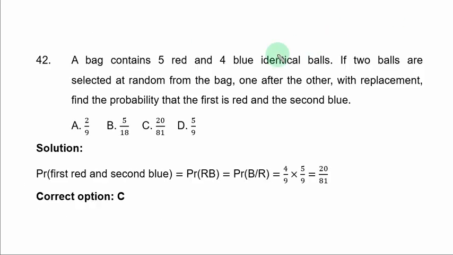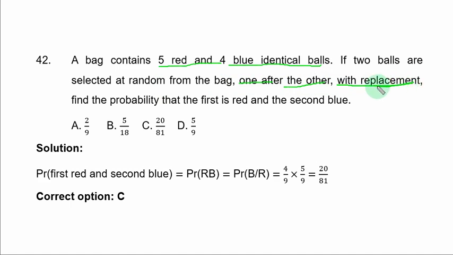Question 42. A bag contains 5 red and 4 blue identical balls. If 2 balls are selected at random from the bag, one after the other with replacement, so you must know the condition with replacements.